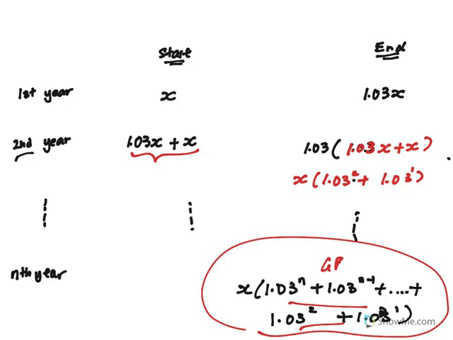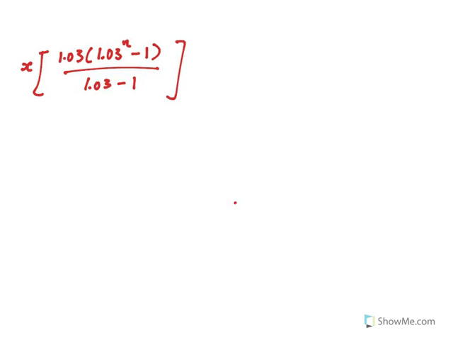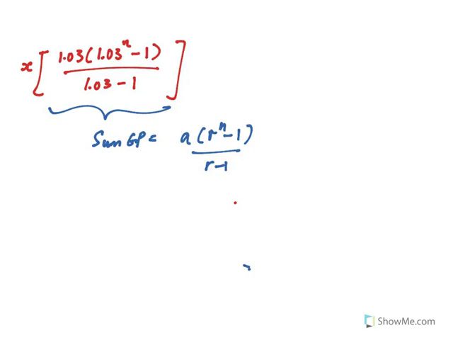With first term 1.03x, it's x multiplied by r, times r to the power n minus 1, over r minus 1, because r is greater than 1. Recall the sum of a GP equals a(r to the power n minus 1)/(r minus 1) for mod r greater than 1, and a(1 minus r to the power n)/(1 minus r) for mod r less than 1. That's how I got this formula.